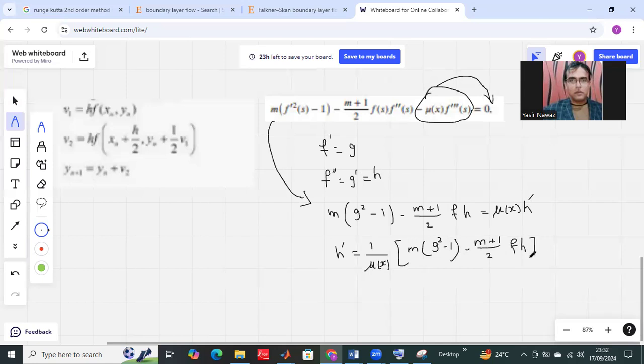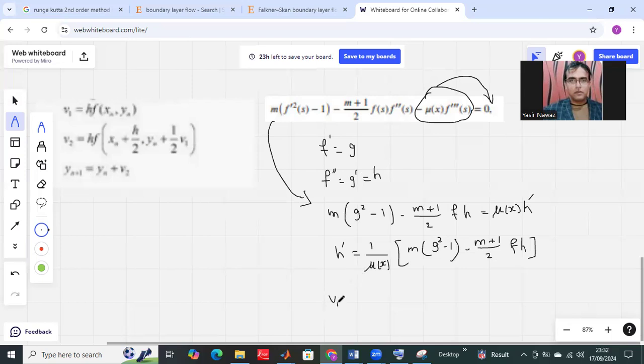Now I will start with the first stage of the Runge-Kutta method. Here h means step length, but here h is not the step length. H is just g prime or f double prime. So instead of this h, I will use delta t.